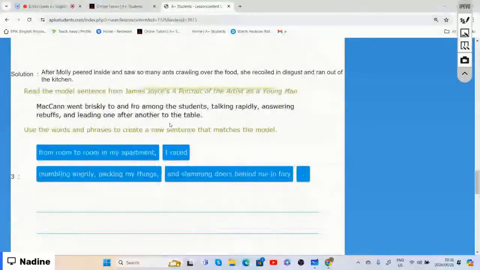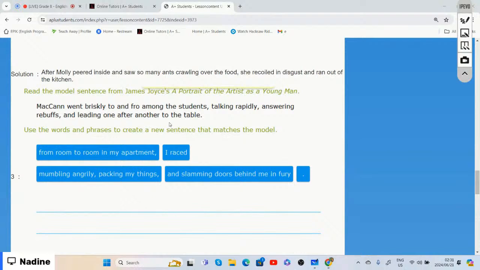We need to read the model sentence from James Joyce's A Portrait of the Artist as a Young Man. It says, McCann went briskly to and fro among the students, talking rapidly, answering rebuffs, and leading one after another to the table.